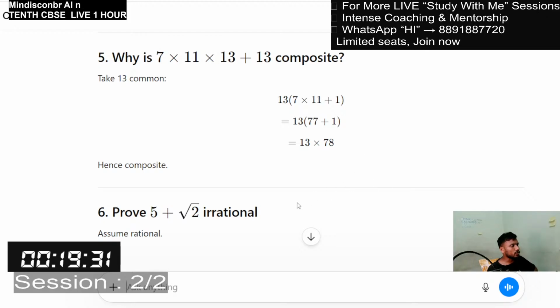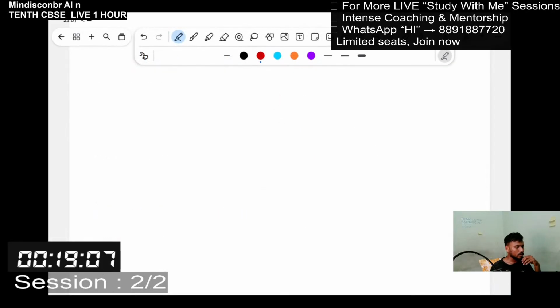Prove that 5 plus root 2 is irrational. In this question we assume that 5 plus root 2 is rational.